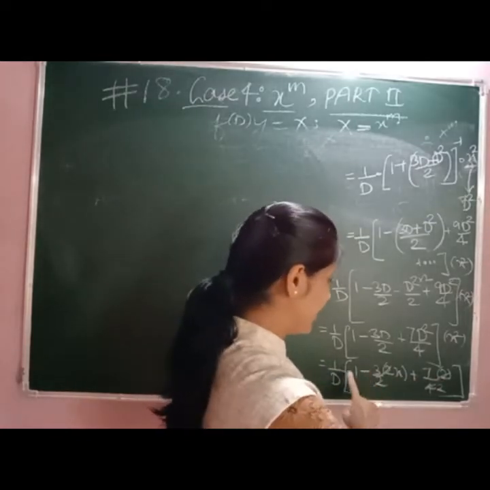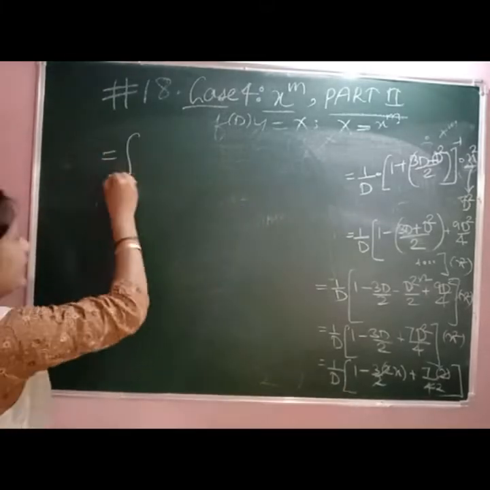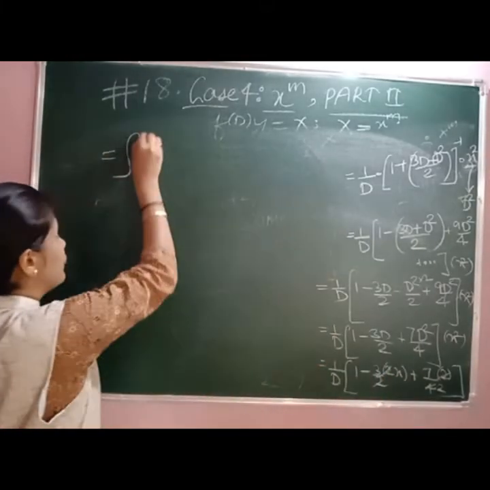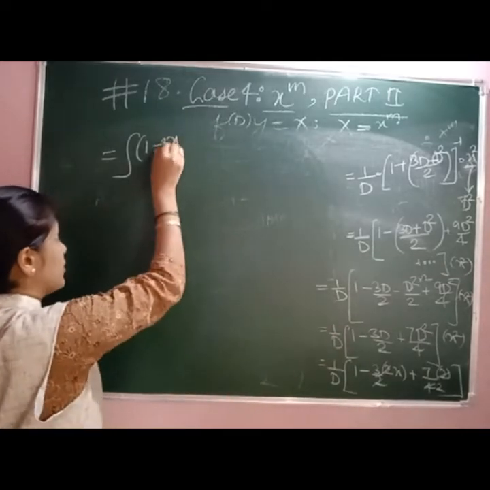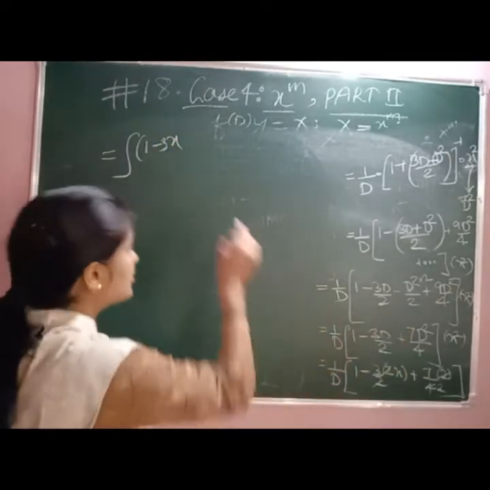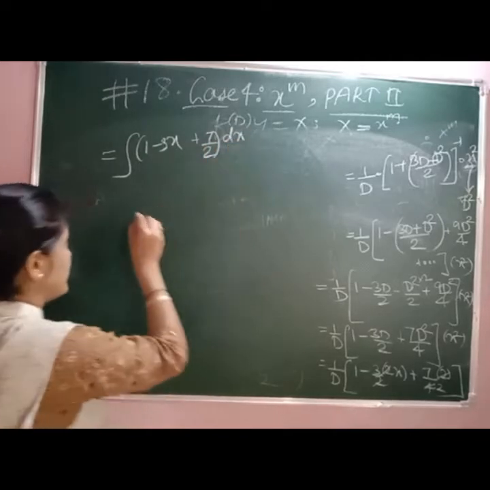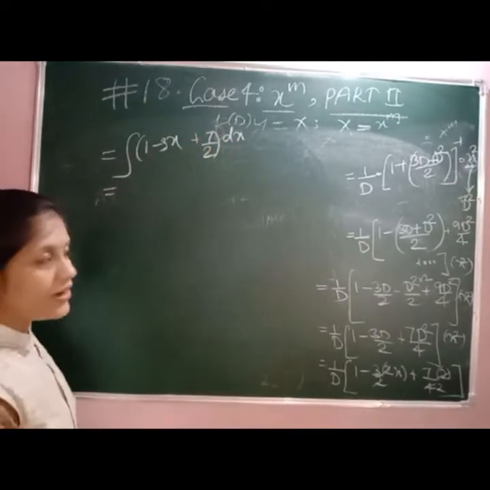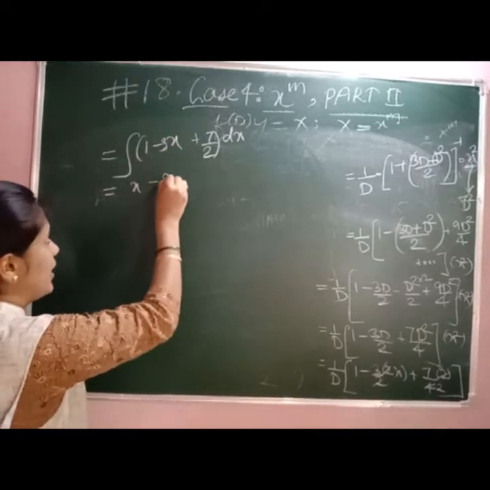1 by D means integration of all this. So it is equal to the integration of 1 minus 3x plus 7 by 2 with respect to x. What is the integration of 1 dx? x. What is the integration of x? x square by 2.